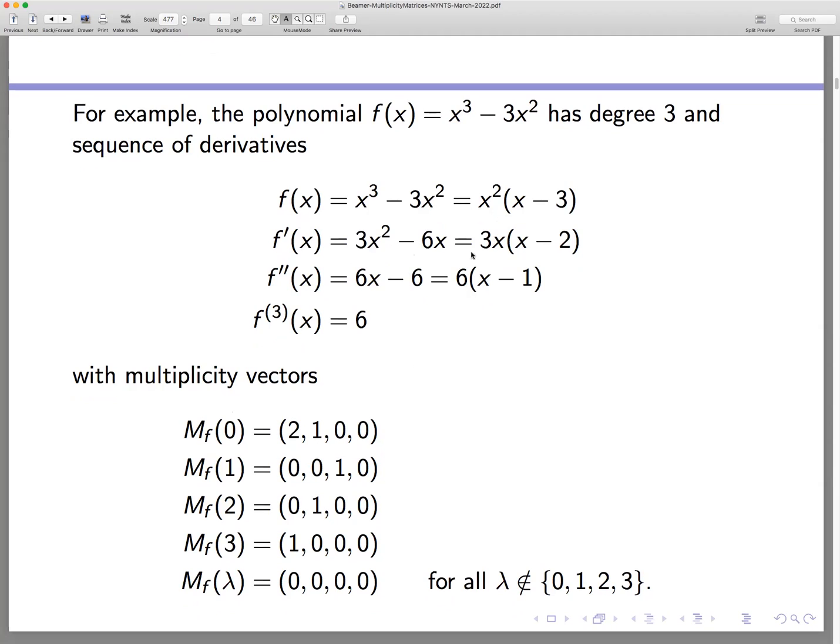If you take x equal 1, you can see just from the factorization, it's a root of multiplicity 1 for the second derivative and of multiplicity 0 for the other derivatives. So the multiplicity vector is 0, 0, 1, 0. If you look at x equal 2, it's a root of the first derivative and no others. Look at x equal 3, it's a root of the function, but none of the derivatives. And for any lambda other than 0, 1, 2, or 3, lambda is not a root. So the multiplicity vector is just 0.